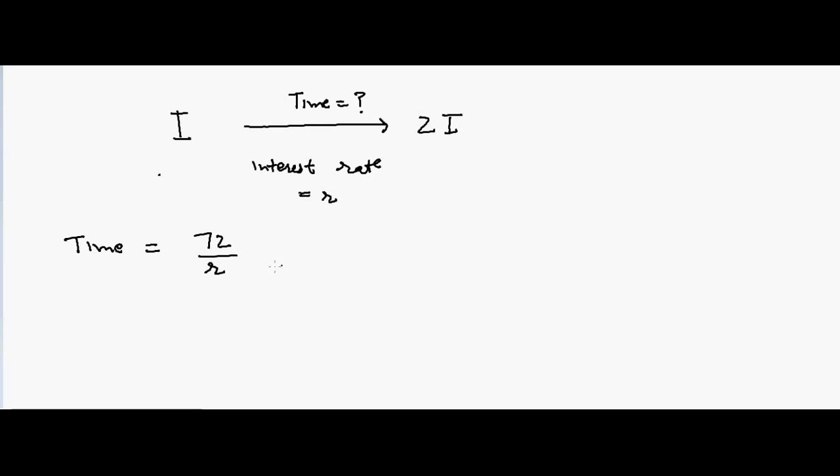So for example, if rate is 10, then time will be equal to 7.2 years. If rate is 20, then time will be equal to 3.6 years.